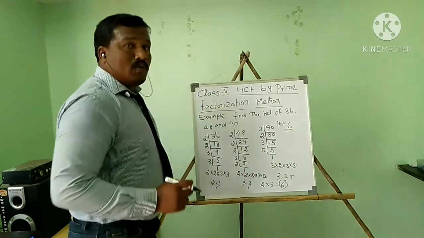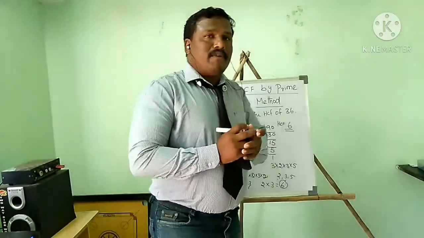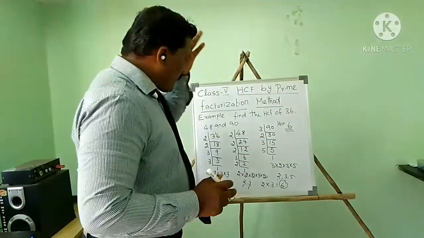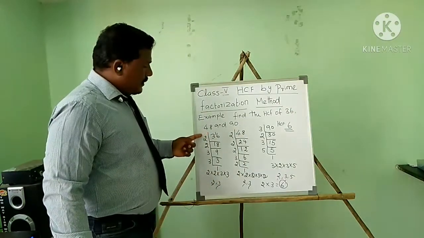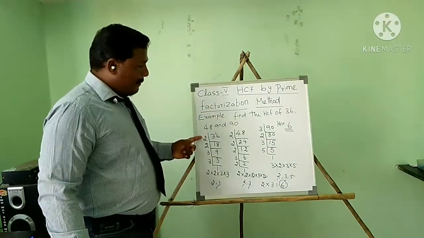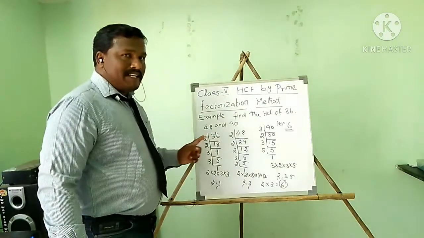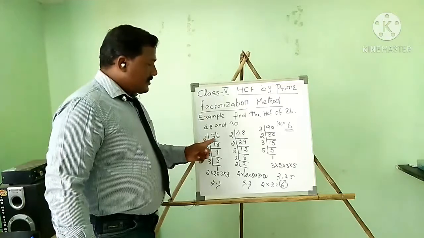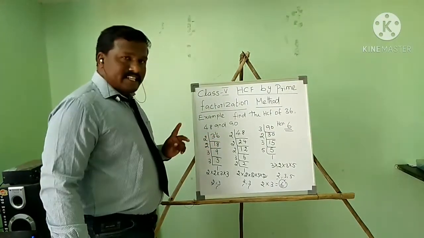So students, do you understand now how I find it? Let me explain one by one, step by step. Listen. First of all, take 36, then you divide by 2, because the last digit is 6, so it can be divisible by 2. So 2 18s are 36.